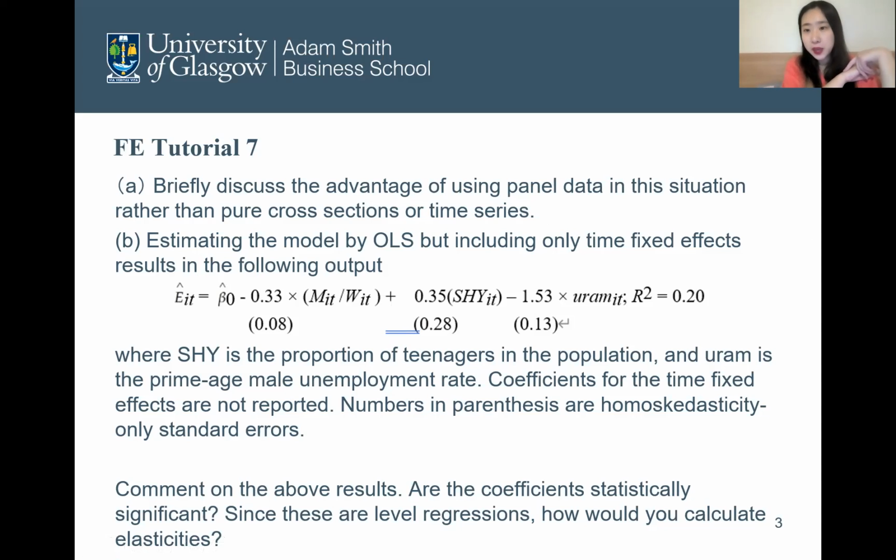And when we say it's panel data, it doesn't only include time, because for time series you only include time. But for panel data we have the time and, at the same time, we also have different sections. So that's called panel data.